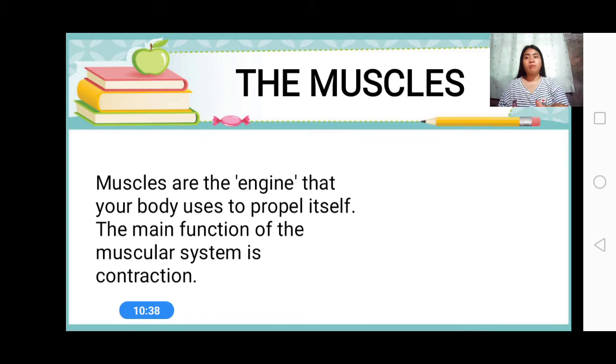So what are the major organs of the body? We have the heart, the liver, the lungs, the stomach, the intestine, the kidney, the gallbladder, the pancreas, the spleen, the urinary bladder, the bones, the muscles, and the brain. We talked about the brain in a previous lesson. So how many are there? Again, let us count.